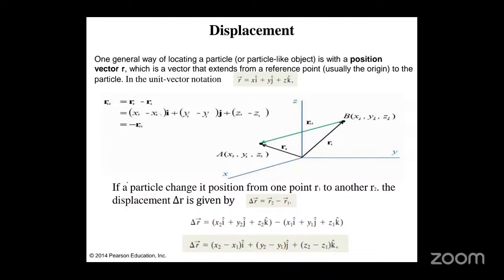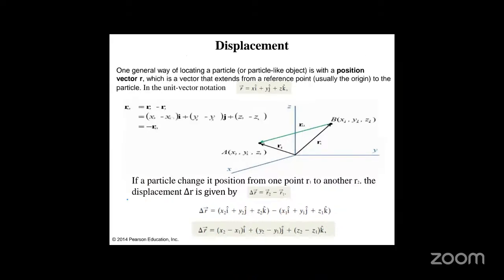Now, if you look at that diagram, an object was here at a particular time, and then it moved to this point. Let's say a bird flying in the sky. You spotted the bird here at a particular time, and after some time, you saw the bird fly to this point.